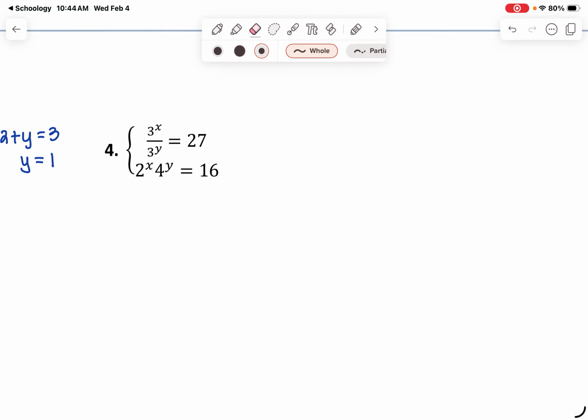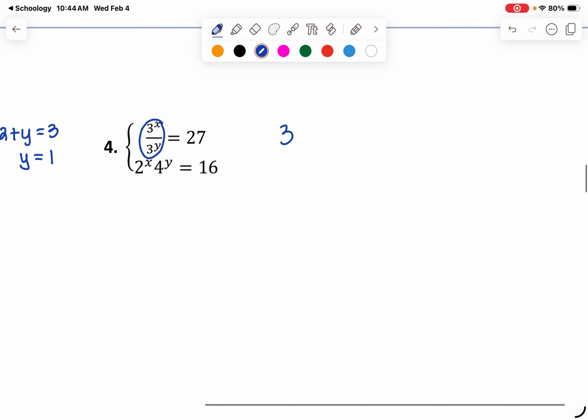So the next one, I can see the left-hand side has a base of 3. The right-hand side has a base of 27, but I can change it to 3 cubed. So I will start by using my property that says if you have a base divided by a base and it's the same base, you can keep the base and subtract your exponents. 3 to the x minus y is equal to 3 cubed.